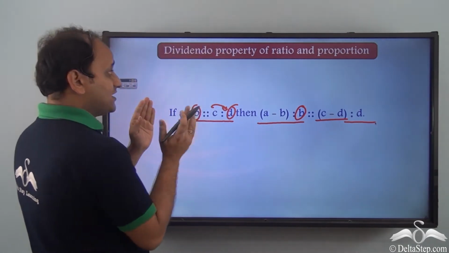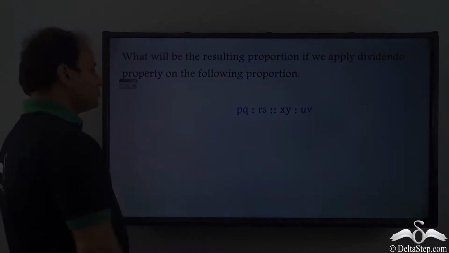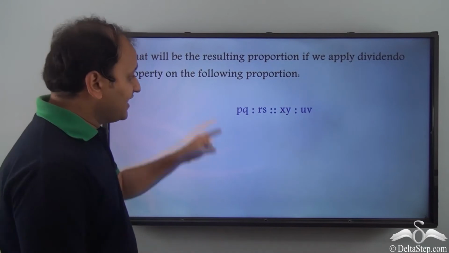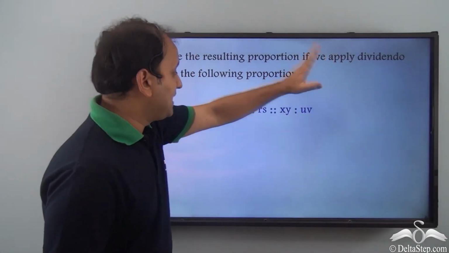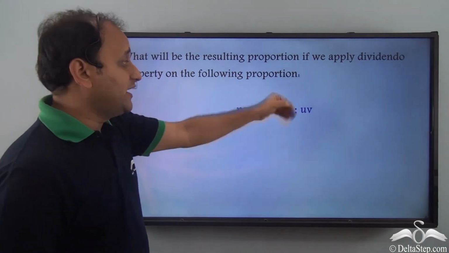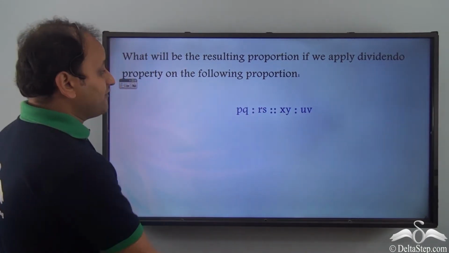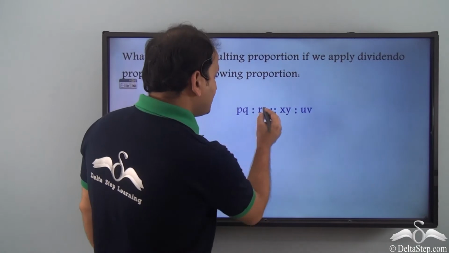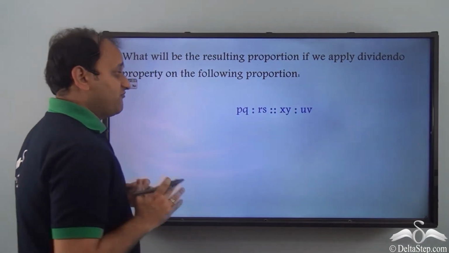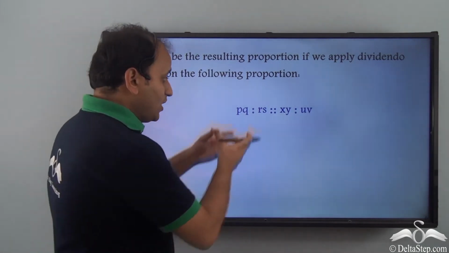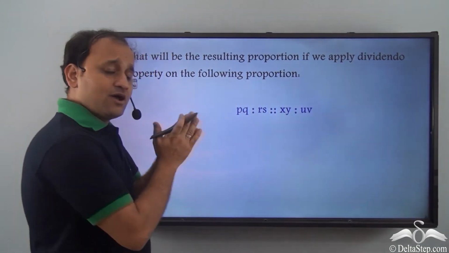It's called dividendo property. So on the basis of dividendo property, can you solve this? What will be the resulting proportion if we apply dividendo property on the following proportion? So we have PQ is to RS is proportional to XY is to UV. Now if we apply dividendo property, what will be the resulting proportion?